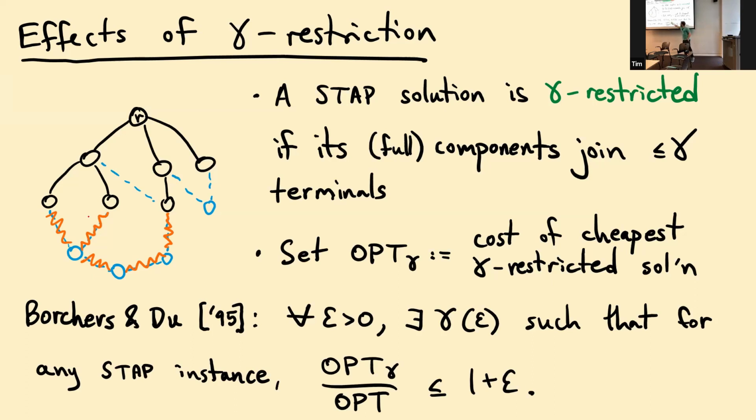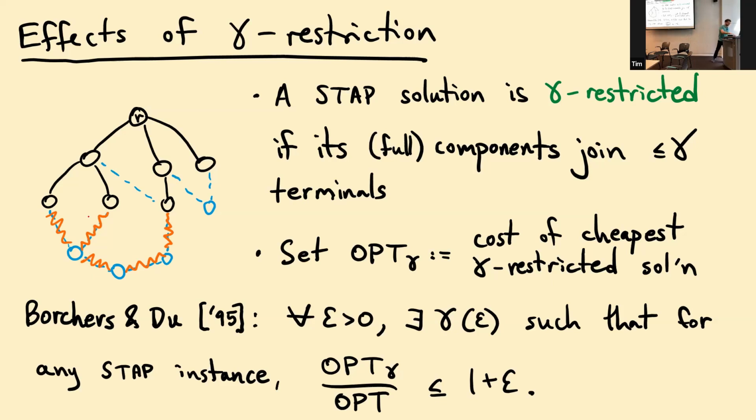So for any epsilon you want, you can pick a large enough gamma so that if you restrict to gamma restricted solutions, the cost of the optimal gamma restricted solution is barely more than the optimal overall unrestricted solution.